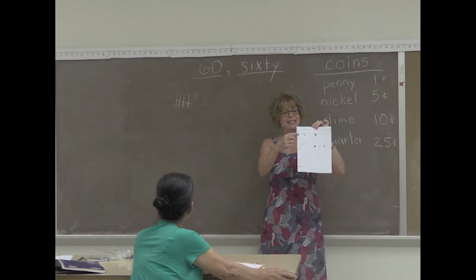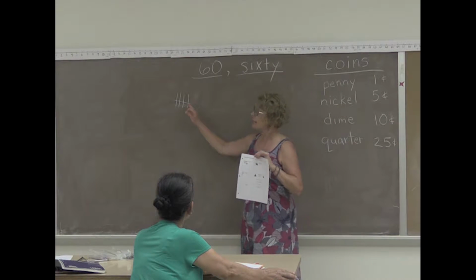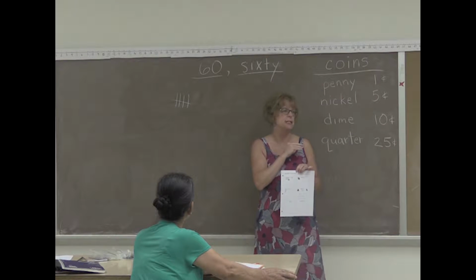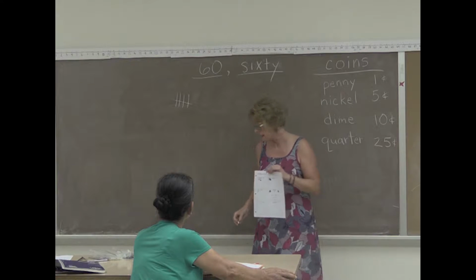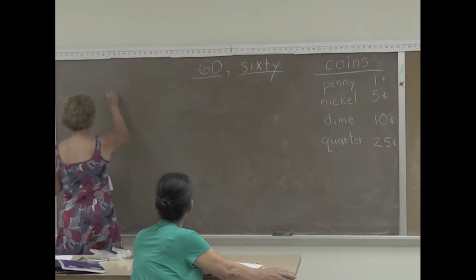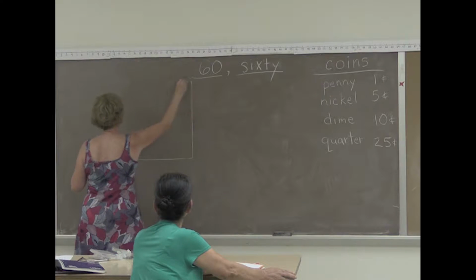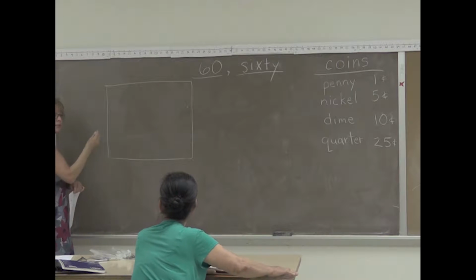So we are going to put tallies in the first box, but I want you to make the tallies so they are easy to read. We will count to 60 with the tallies. So you have got your box, right? Let's count our tallies up to 60.